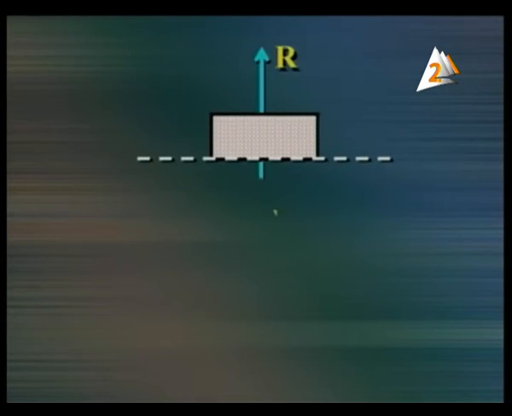Solution: as you see in the figure, the man is of weight W, and the reaction is upwards R, and acceleration is upward.